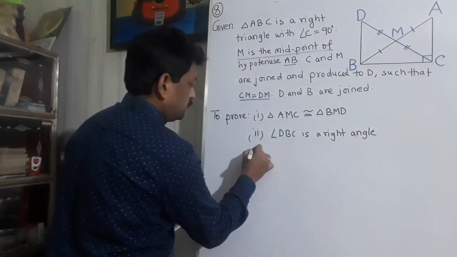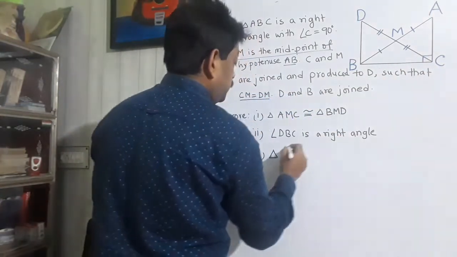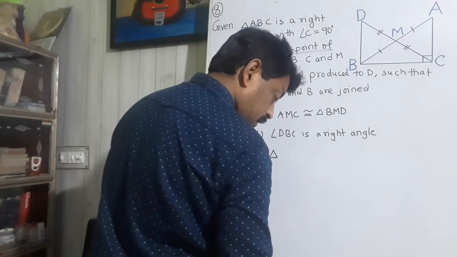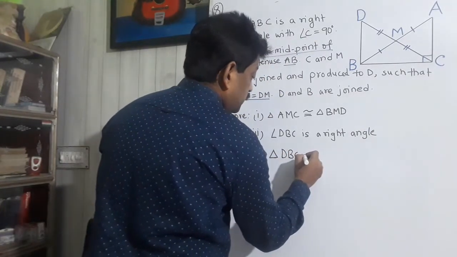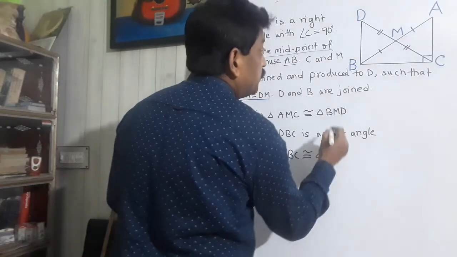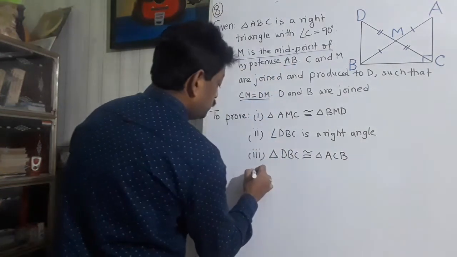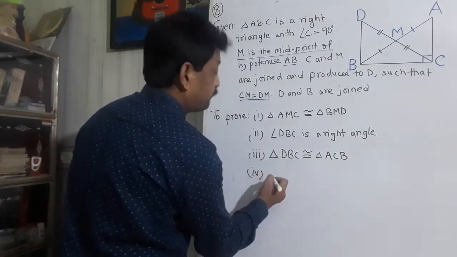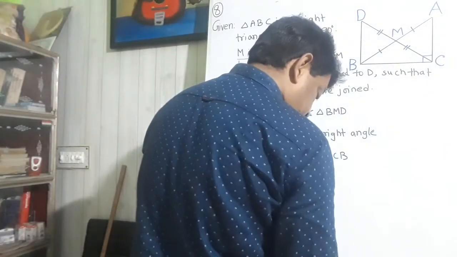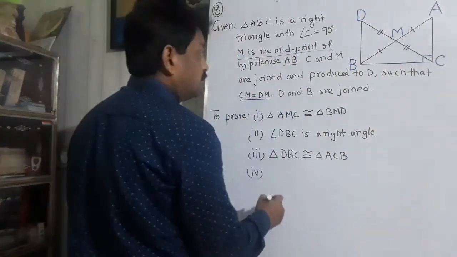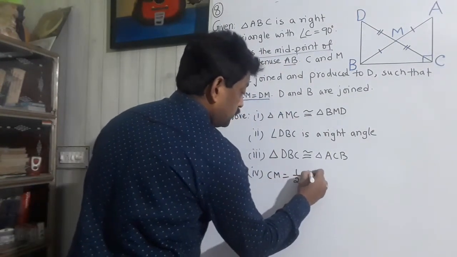Third question, triangle DBC is congruent to triangle ACB. And the fourth question is CD equals AB, that is, CM is equal to half AB.